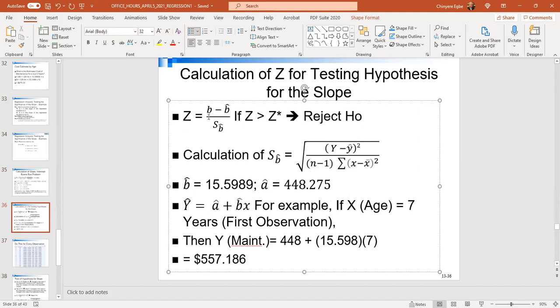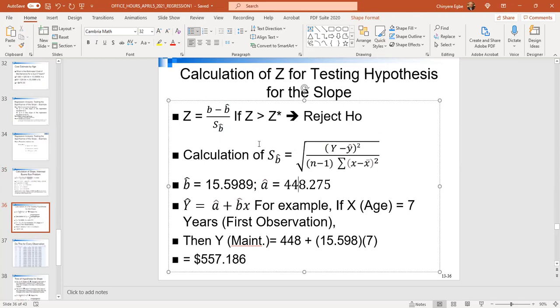The Z value is calculated by taking B minus B hat, where the B hat is what we calculate. The B, the theoretical B, is the null hypothesis, so this is going to be a 0. Then we calculate what we call the standard error of B. We didn't go through that calculation, but we use the standard error of B. So Z is B minus B hat divided by the standard error of B.